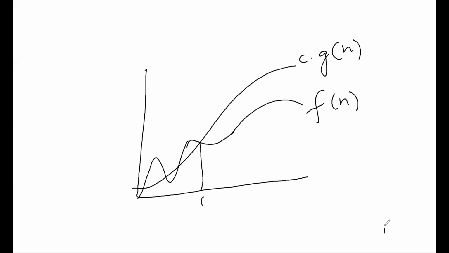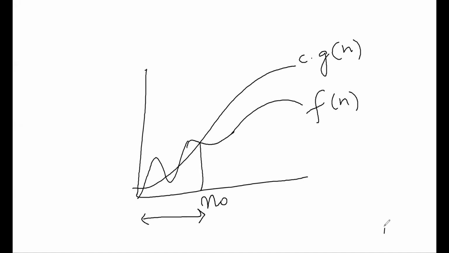This one is n0. So before n0, when n was between 0 and n0, the relationship between f(n) and g(n) is not definite. Sometimes f(n) is greater than g(n) and sometimes f(n) is less than g(n). But after n0, you see a constant pattern where g(n) grows at a faster rate than f(n).